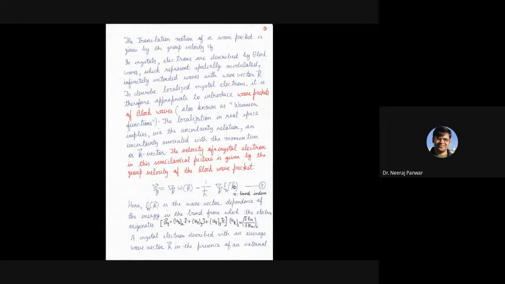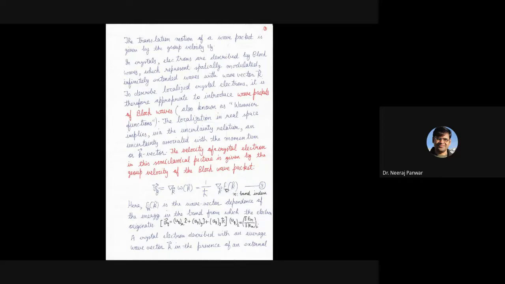Yesterday I told you that the gradient of energy with respect to k, del E over del k, is proportional to the velocity of the electron, and here we have that relation: Vg is equal to 1 upon h cross del k E n k. Here n is the band index.